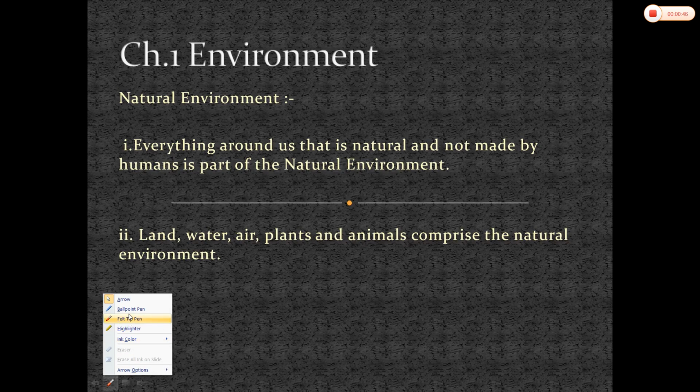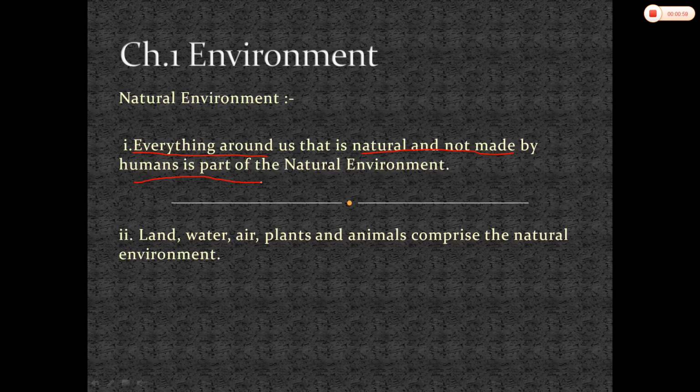What is it actually? Environment is everything around us. What is natural and not made by humans is a part of the natural environment. So these are all the things we learned yesterday.